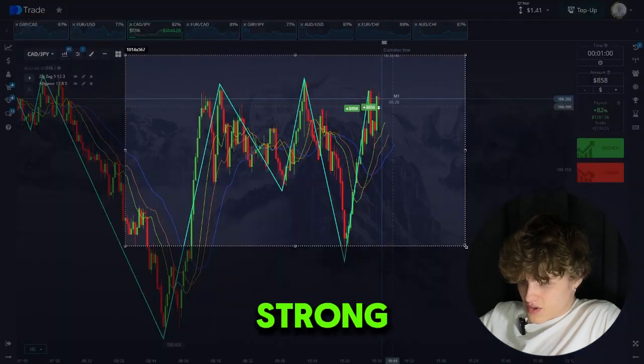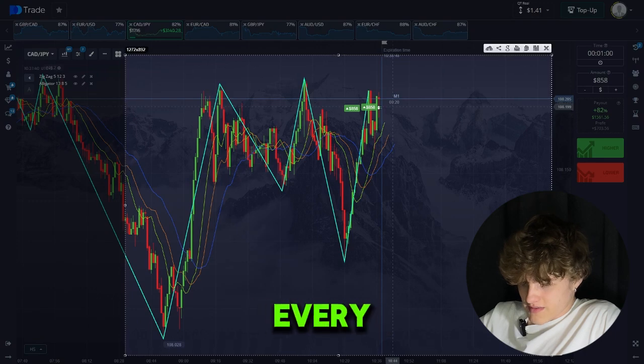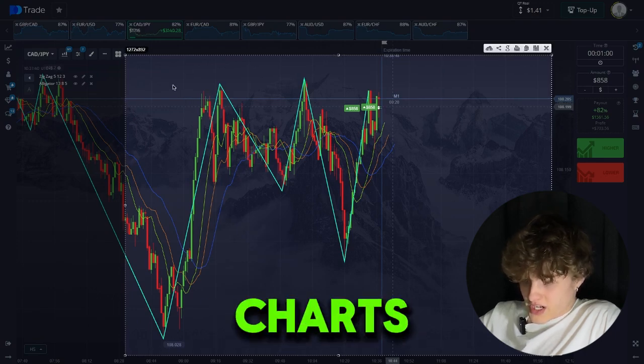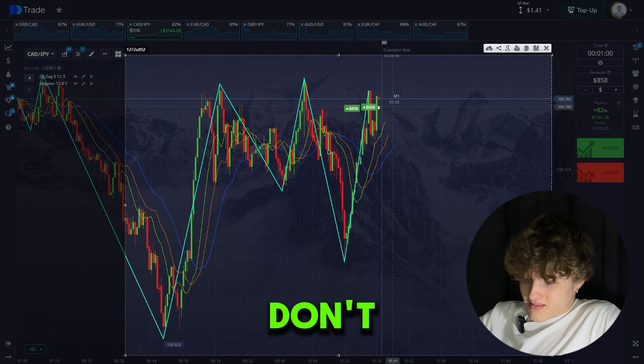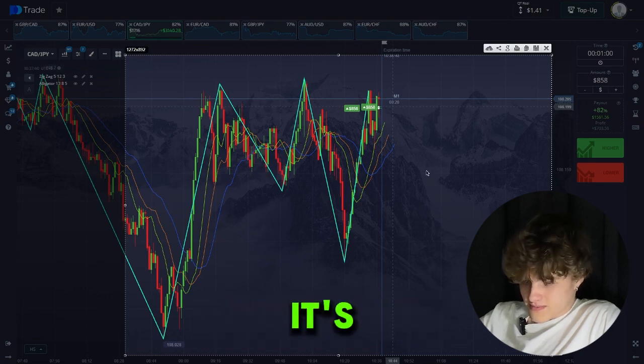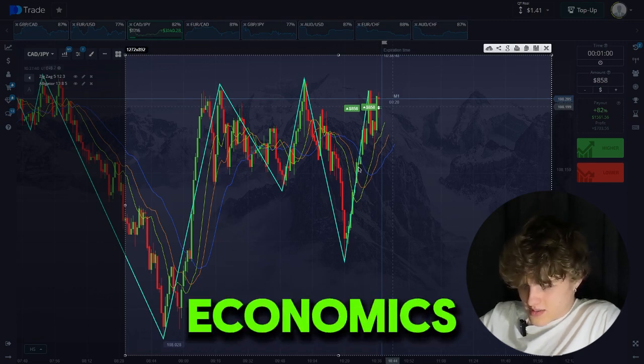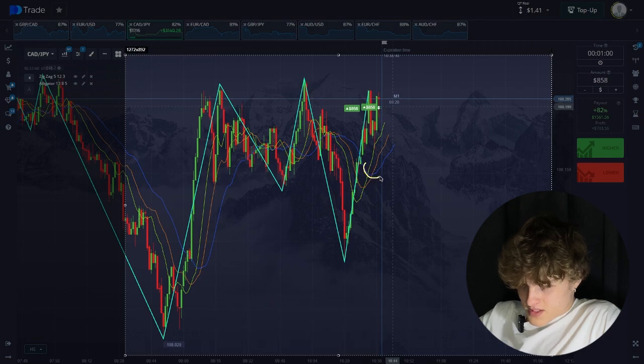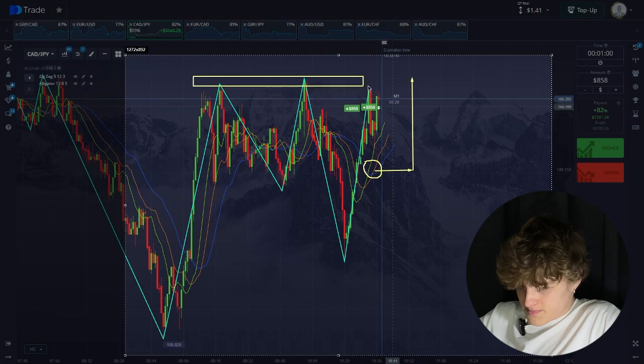Generally, very strong volatility is present today on every currency pair, on all charts. Actually, I don't like such dynamics of movement. It's very difficult to trade with such dynamics. On the chart, we see that there's a crossing of the alligator moving averages and the movement goes up.